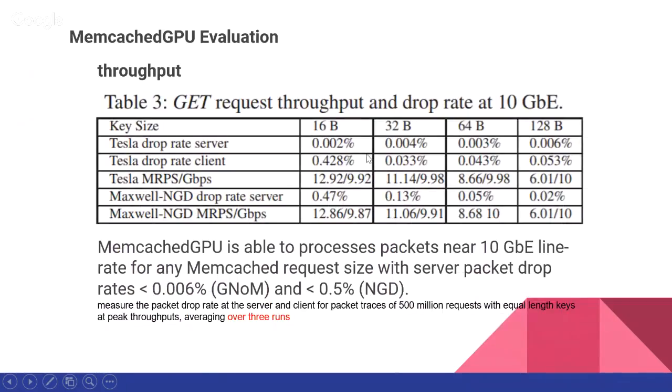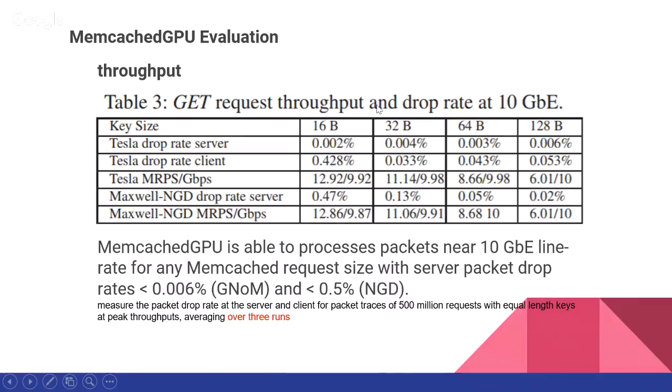So here's the evaluation of this paper. First of all, we are going to talk about the throughput of the experiments. The packet trace is 500 million requests with equal length keys at peak throughput, averaging over 3 runs.